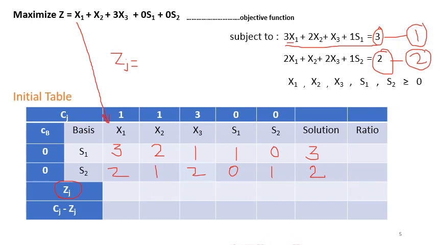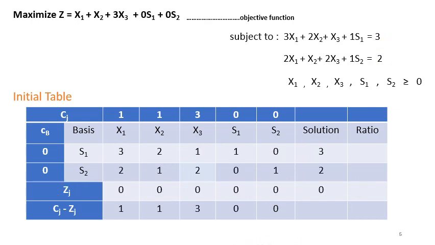So let us now see this particular table. This is the same table which we saw in the previous slide. Here you have calculated the Cj minus Zj values. If you see carefully, this is a maximization problem.